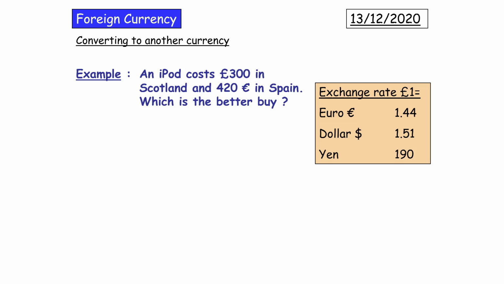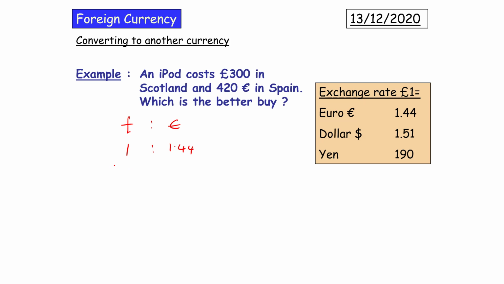So if we're able to convert that £300 to euros, then we will be able to see how many euros they've spent. Now we've got our exchange rate, and we'll write that out again. So we've got our pounds to euro, and £1 gets you 1.44 euros.